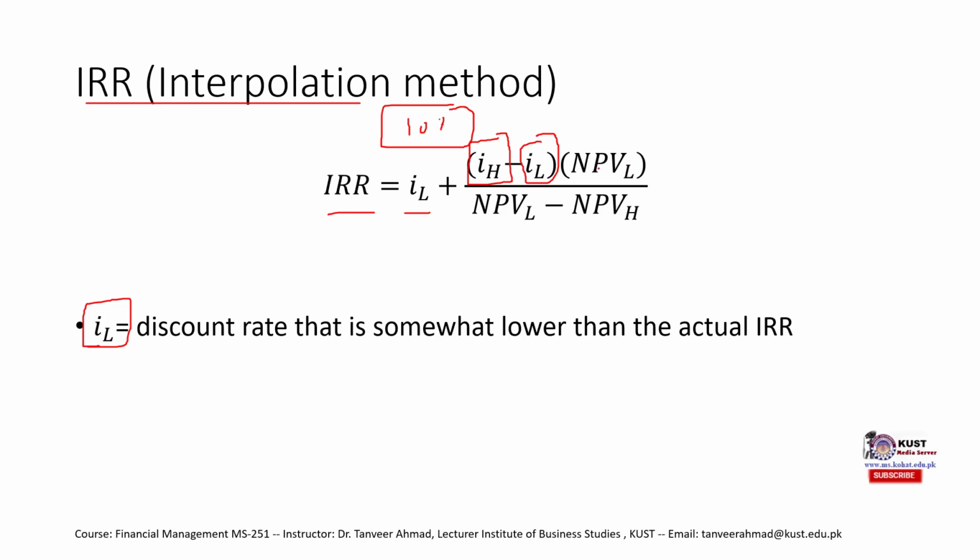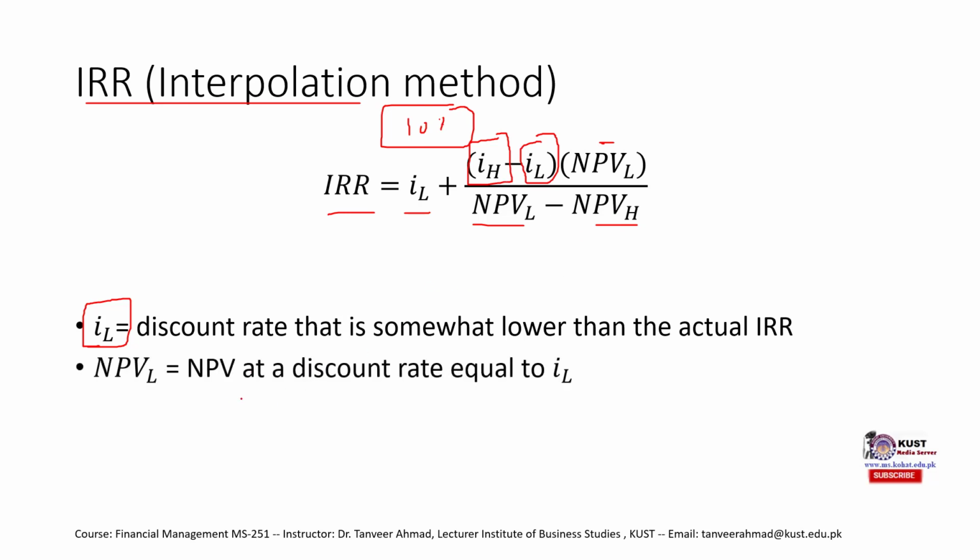NPVL is the NPV that we get using this IL discount rate, which is the positive NPV. Then divided by NPVL minus NPVH. NPVL again is the positive NPV, minus NPVH, which is the negative NPV, or the NPV we get using the IH discount rate.